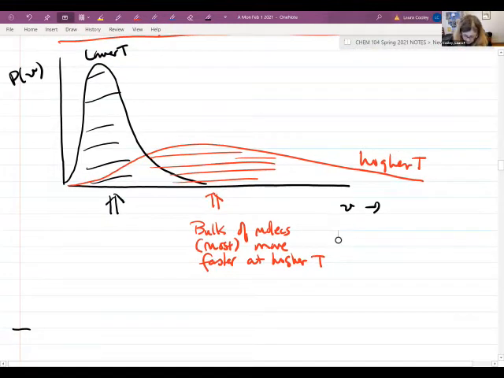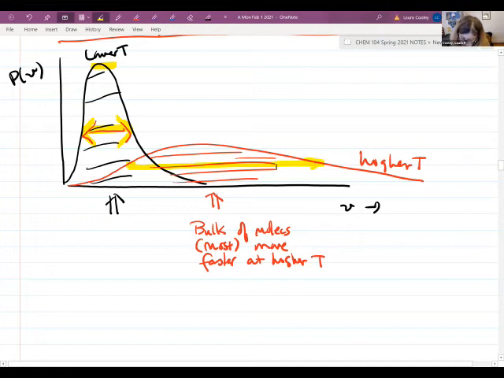But there's something else that I want you to notice here, and that has to do with the range. If I take the maximum height and divide it in half, I can think about this as a range. We call this the full width at half maximum, but it's just indicative of how wide the curve is. So here at the lower temperature, you have a pretty narrow range of speeds.